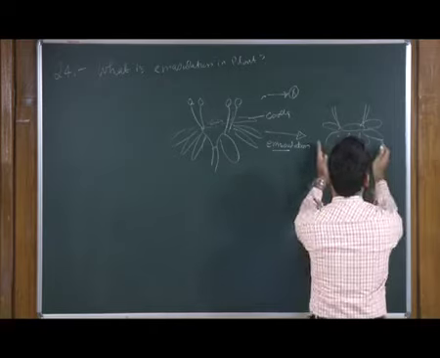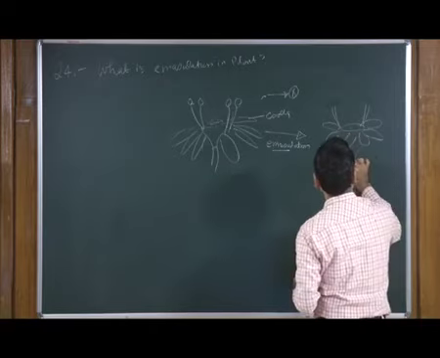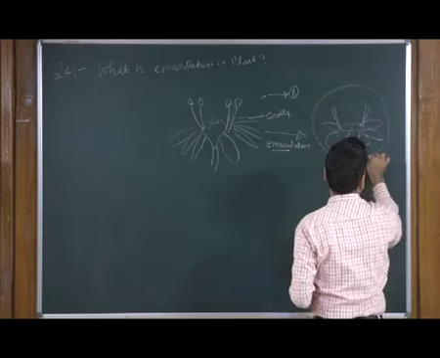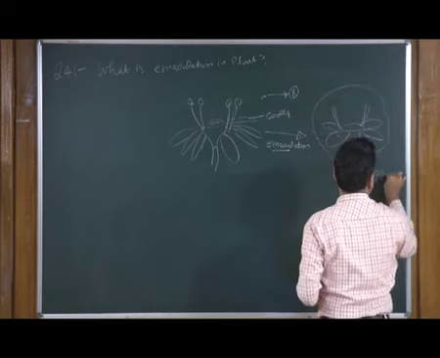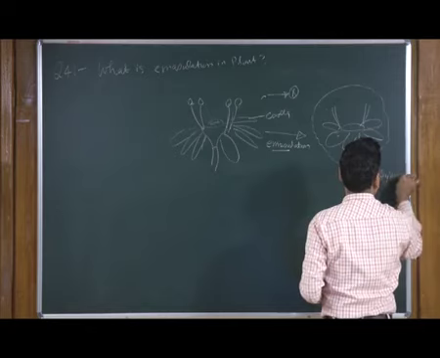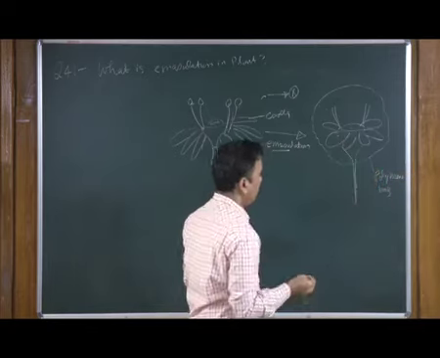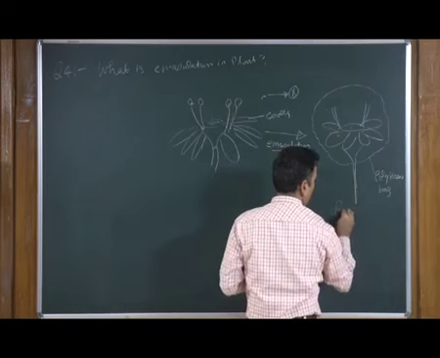So, this is the emasculated flower. Now what you do is cover this flower with a polythene bag, and that is called the bagging technique.